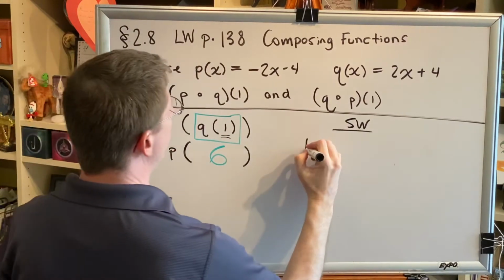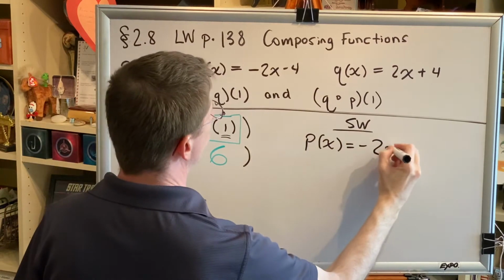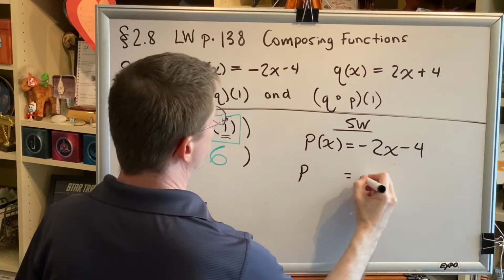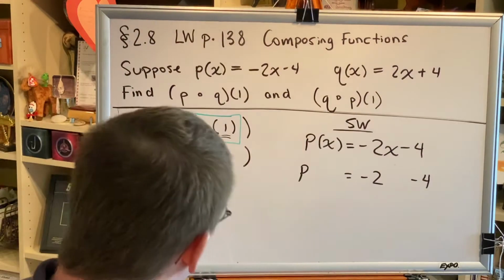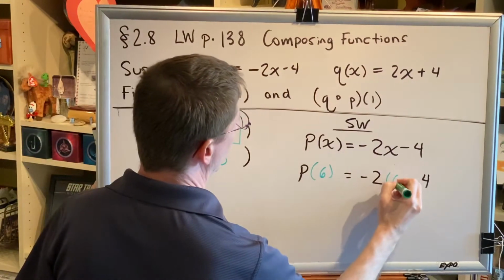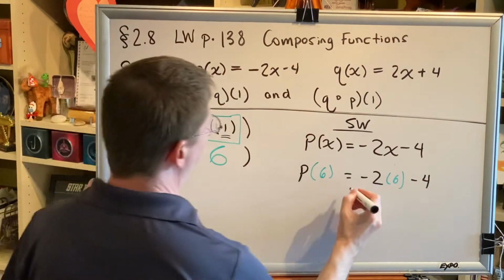We know that p of x is equal to negative 2x subtract 4. Therefore, p of 6 is equal to negative 2 times 6 subtract 4. Okay, let's simplify.